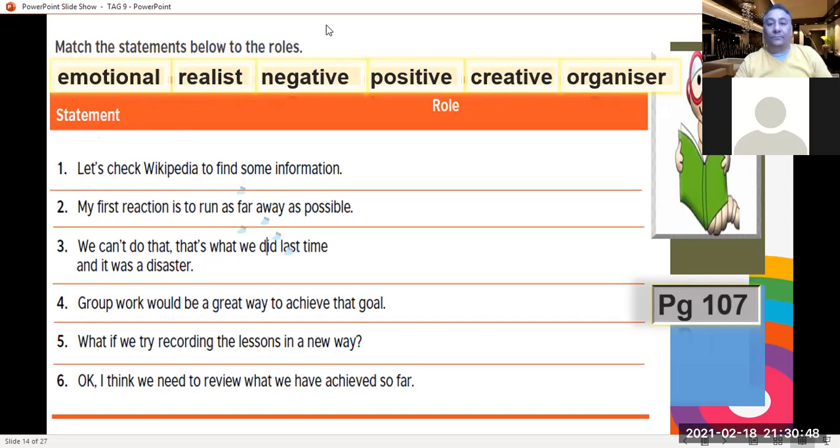Let's check Wikipedia to find some information. Which kind of person can say this statement? Is this one emotional, realist, negative, positive, creative, organizer?